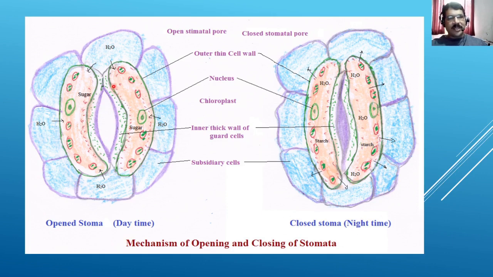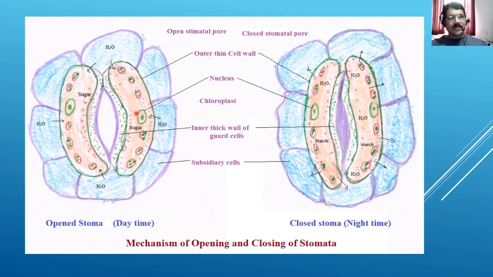So first of all we will discuss open stomata, that is the process which takes place during daytime. What happens during daytime, starch which is present in these guard cells gets converted into sugar due to the alkaline or neutral pH, that is 7. So during daytime, due to the photosynthesis process, the starch gets converted into sugar.